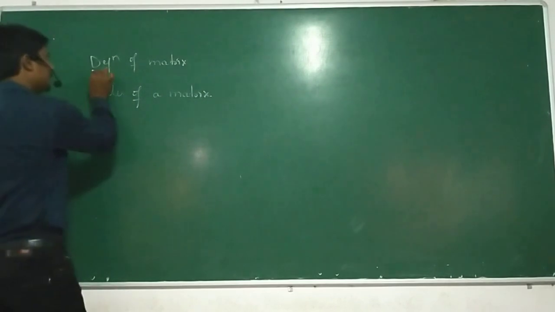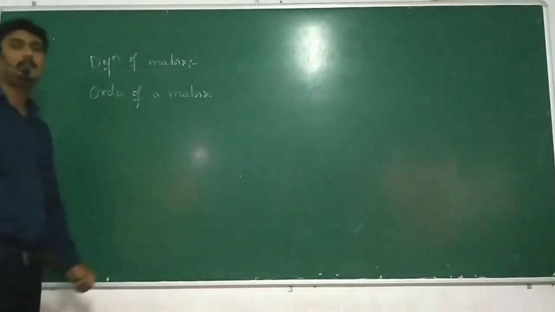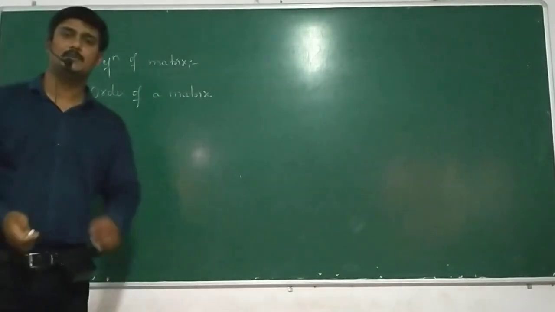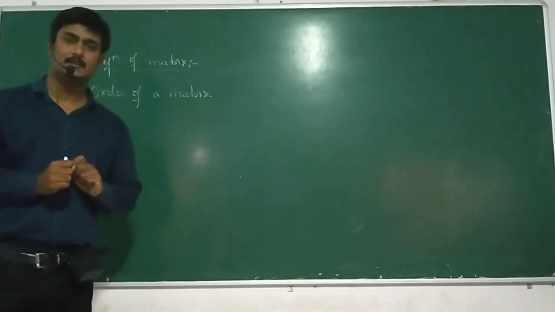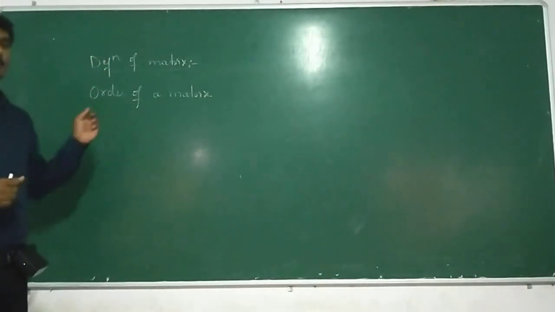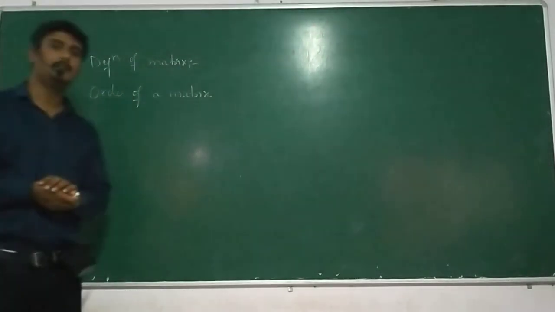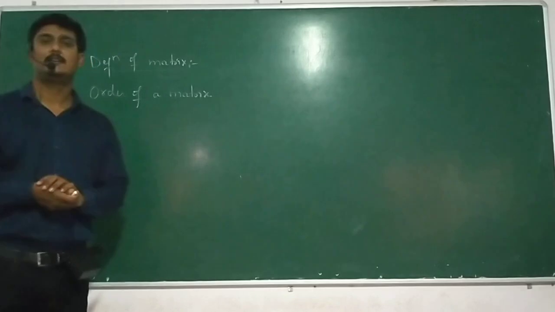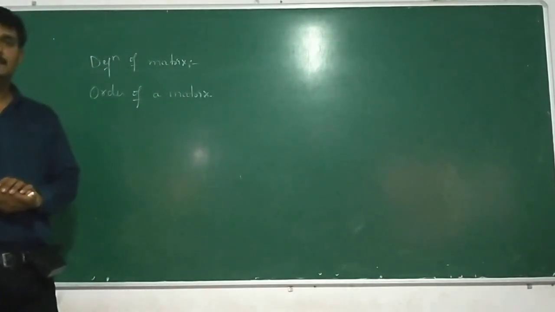What do we mean by a matrix? A matrix is an arrangement of numbers. Numbers can be either real or imaginary, or functions, in horizontal lines and vertical lines. In the language of matrix, horizontal lines are called rows and vertical lines are called columns.